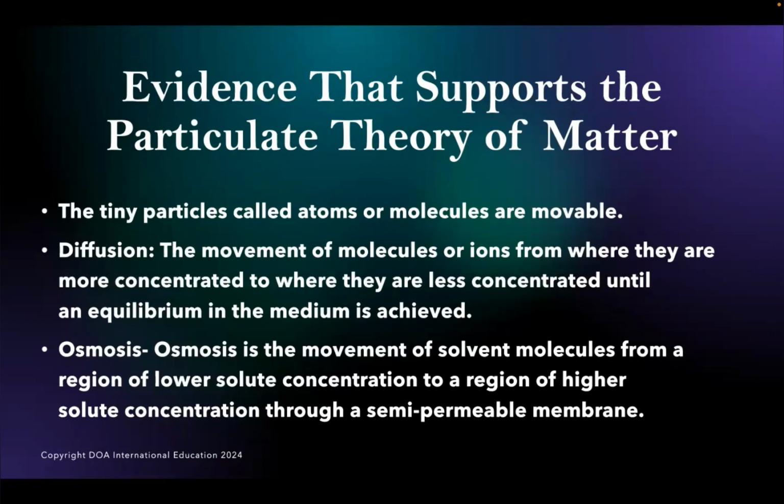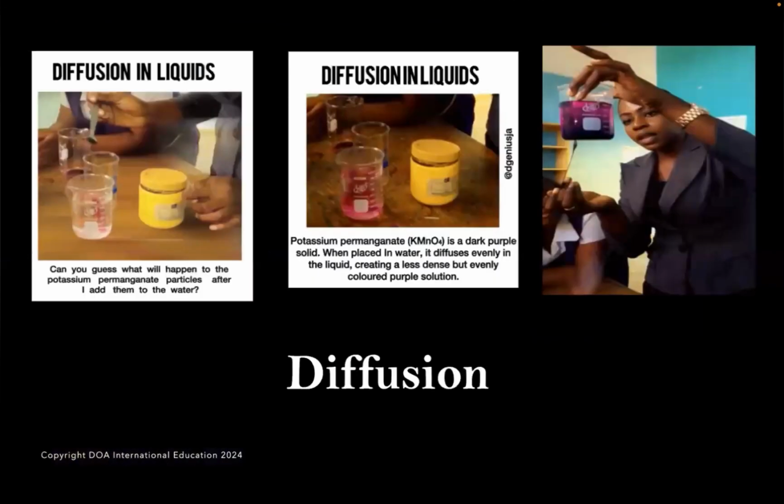All right, let's jump over to diffusion to see how these atoms or molecules move. Now, in my demonstration, here I have a chemical. It is called potassium permanganate. And the potassium permanganate here exists as crystals, solid crystals.